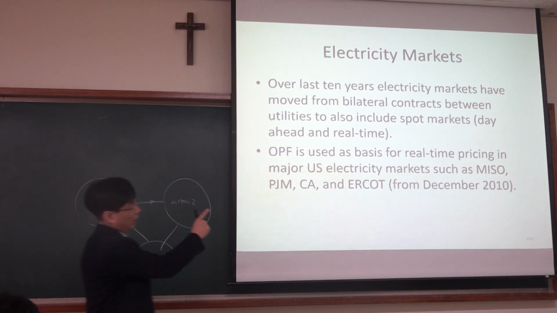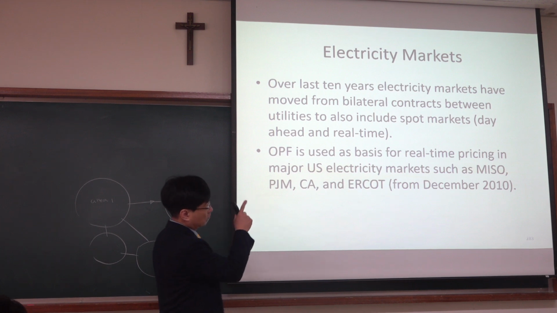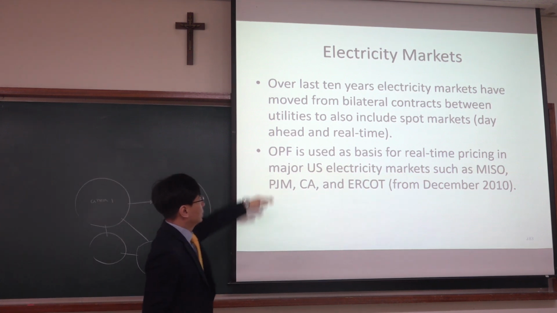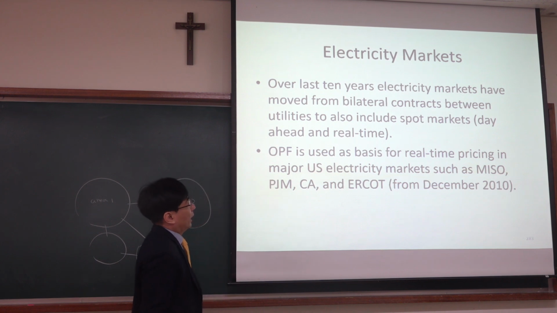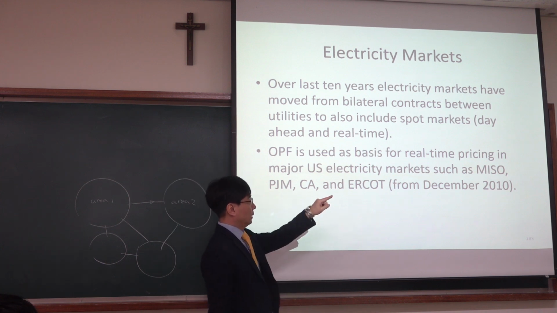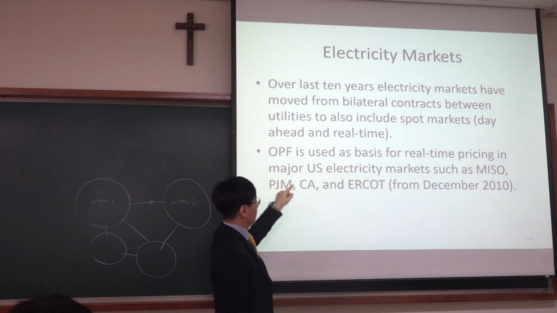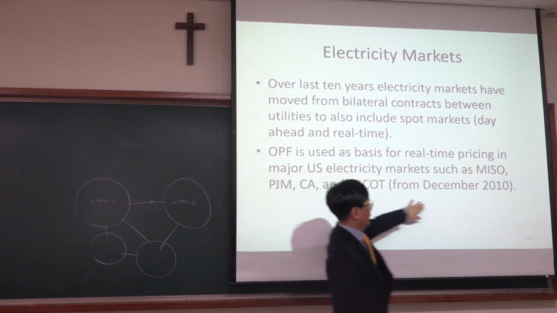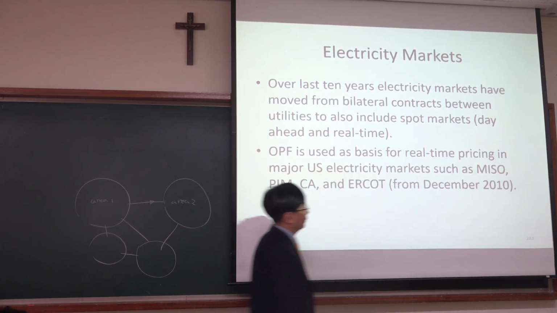And spot markets have a day-ahead market and a real-time market. This OPF can be used as a basis for real-time pricing in major US electricity markets such as MISO, PJM, California CAISO, and ERCOT. Wow, pretty outdated information.